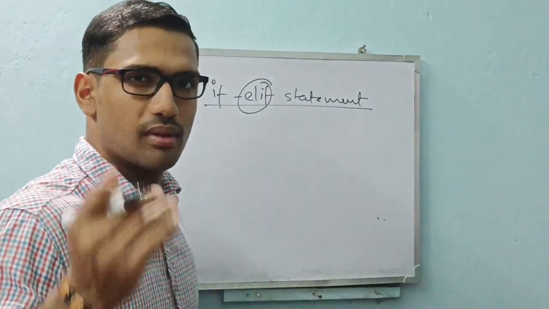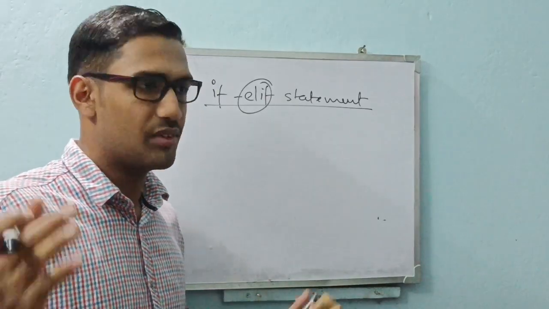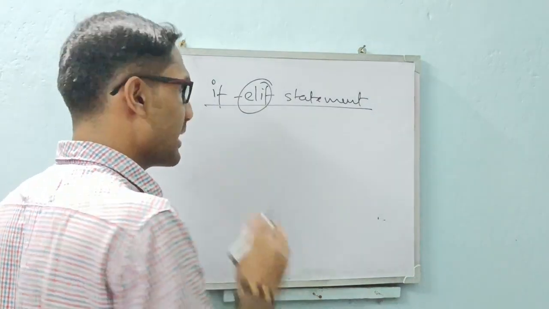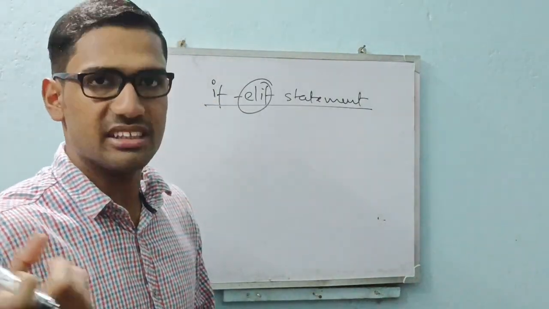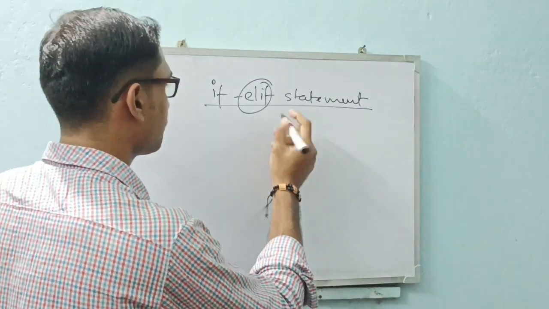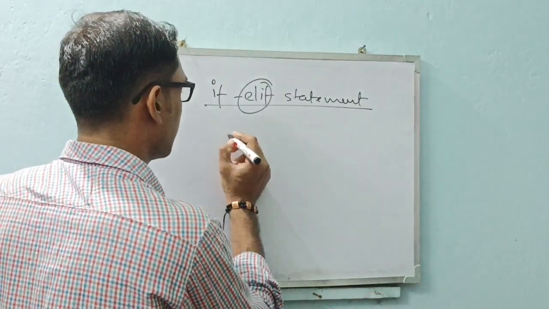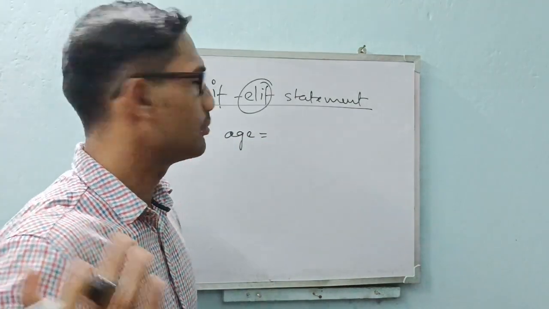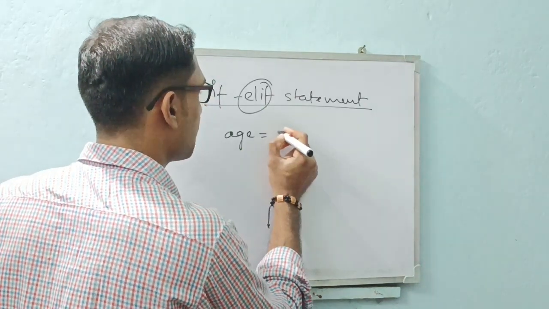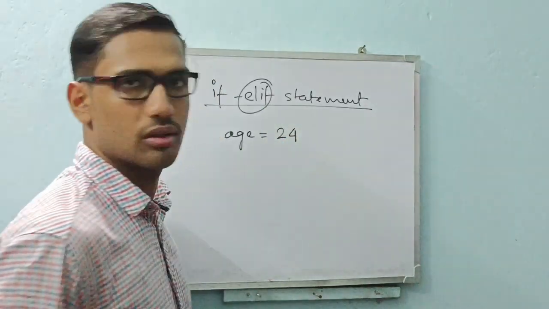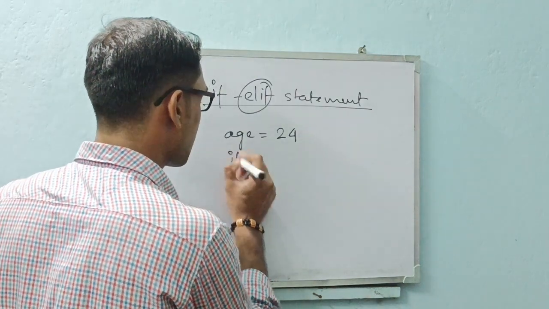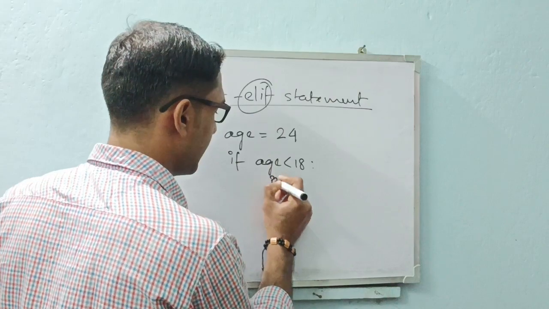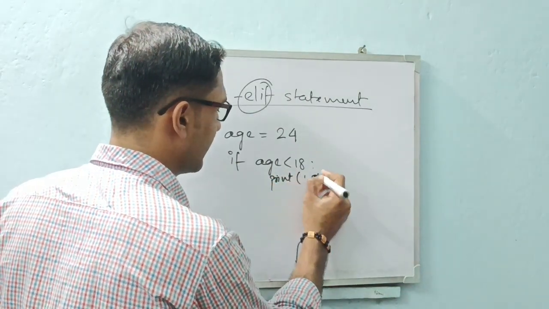Let's take the example which we took in our last class, the age one, but here we will give some additional conditions. Let's create a variable age and assign it any number, suppose 24. Now let's give some conditions. If age less than 18, print study.